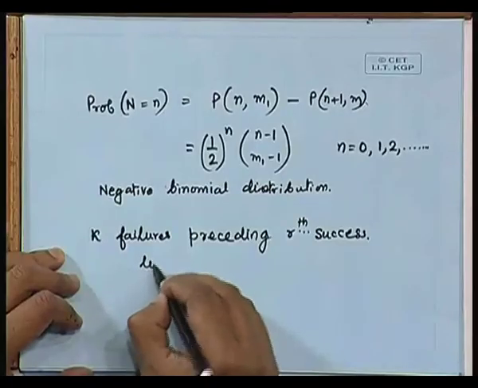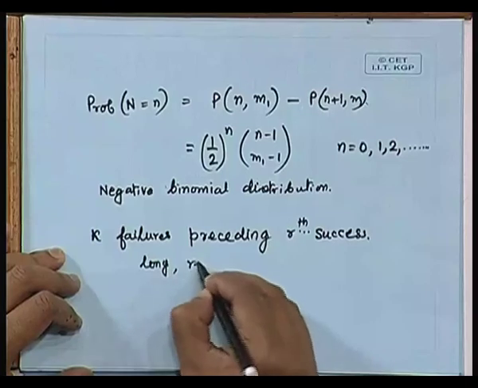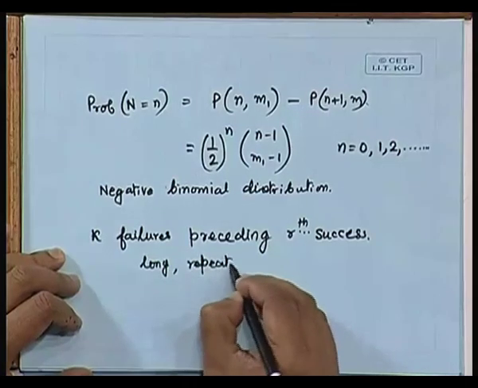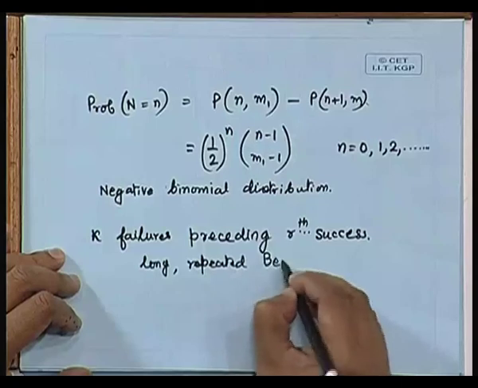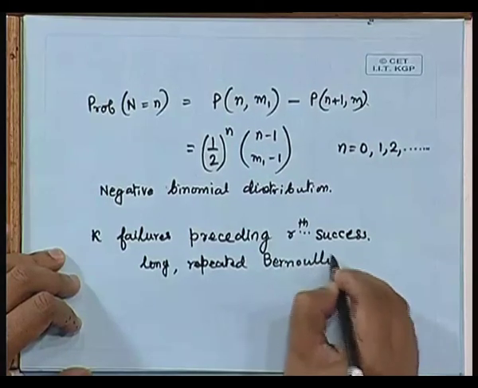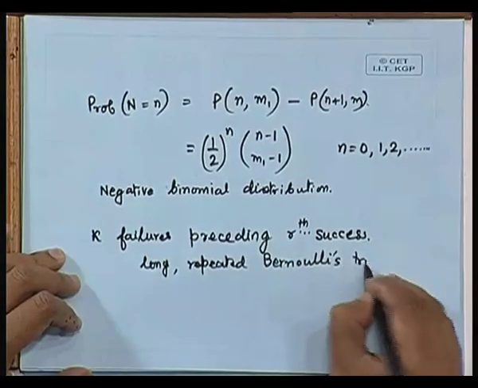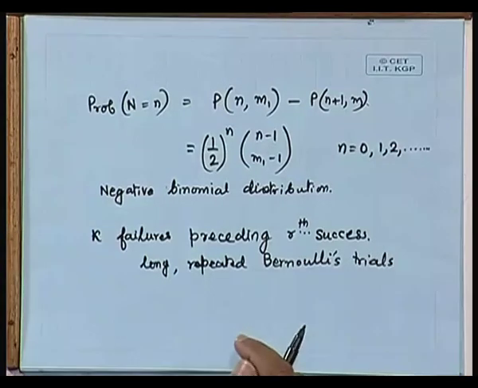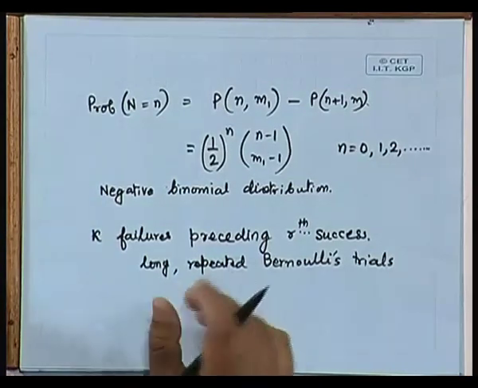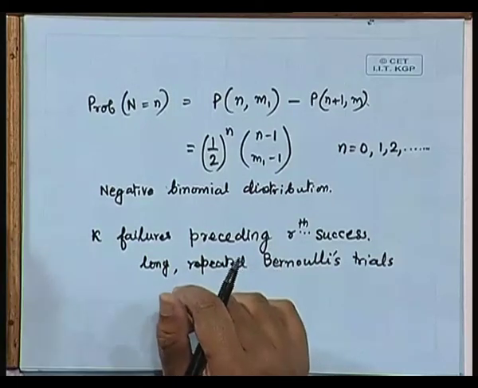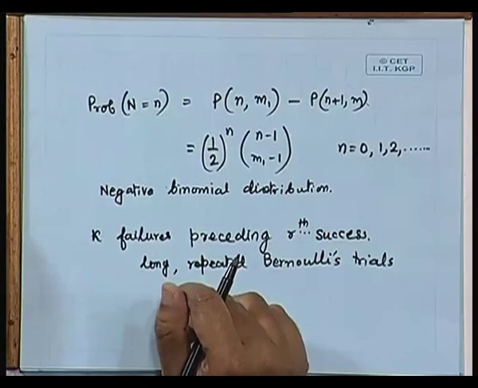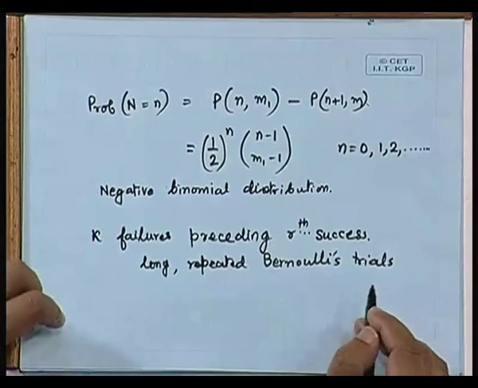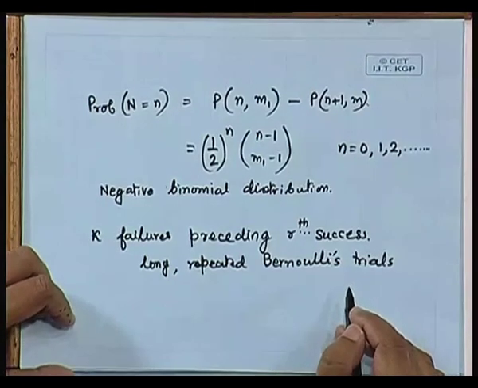So it is coming from a long repeated Bernoulli trial. Those who are interested should refer to any good book on probability and statistical theory, where this is definitely presented.